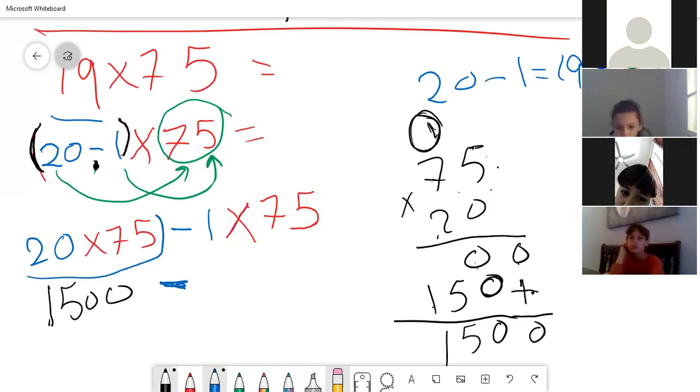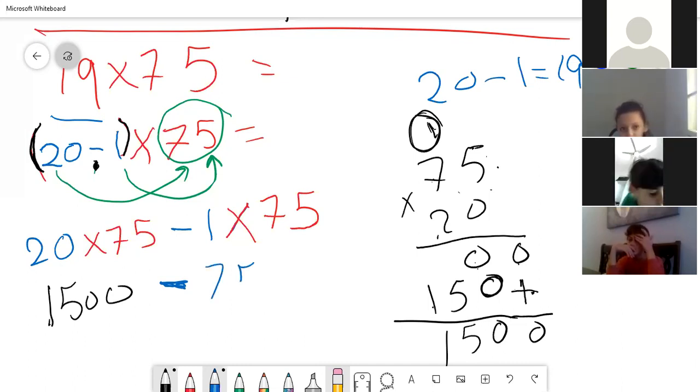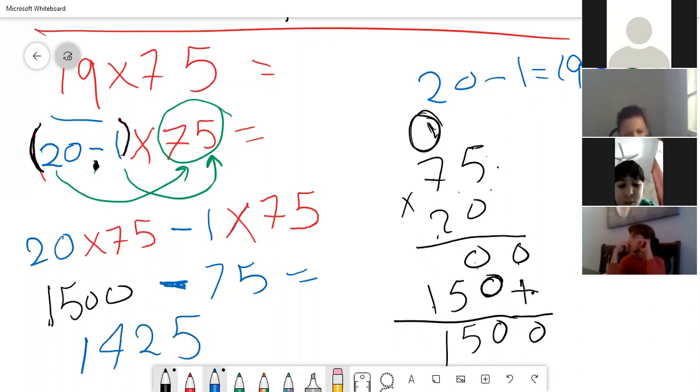Because after this we have minus 1 times 75. 1 times 75 equals 75. So subtract 75 from 1,500, which is going to be 1,425.